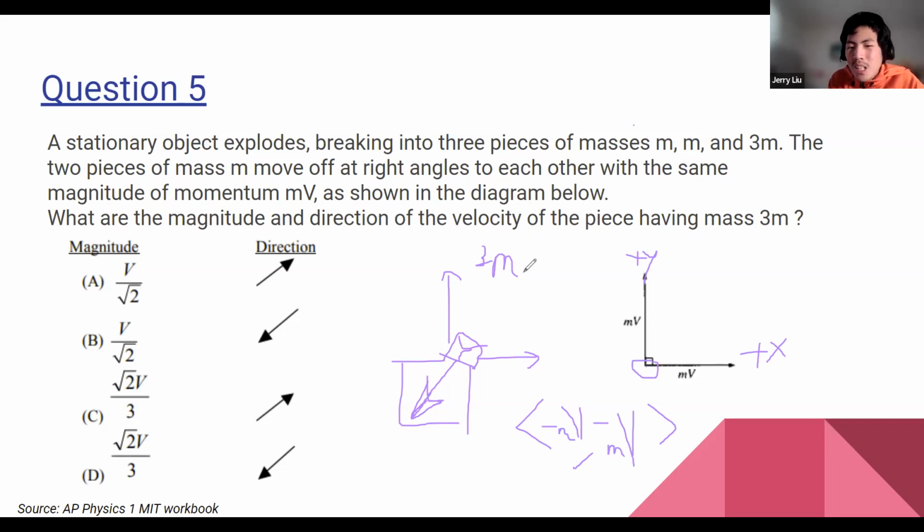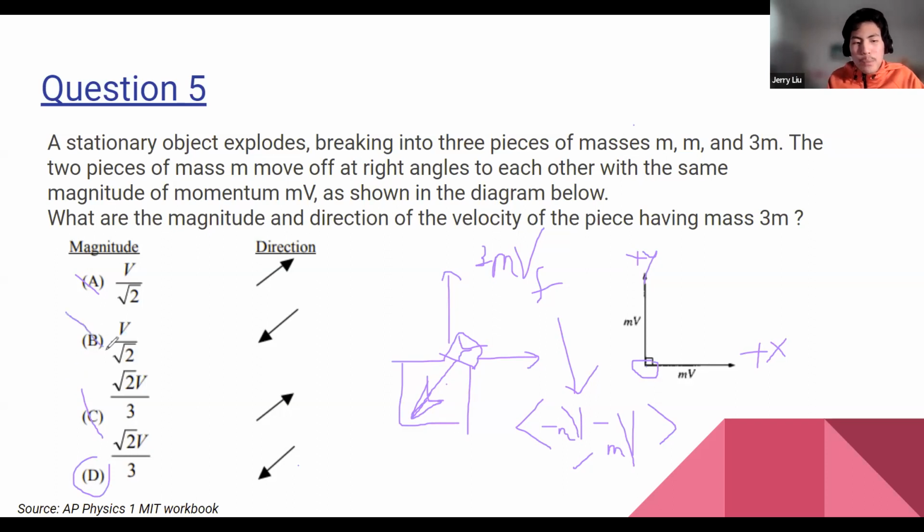So 3m vf becomes a magnitude of that. So we can get rid of this, and we basically have vf is v over 3. And that's just one component though, so you have to multiply by the square root of 2 to get the actual magnitude of the vector itself. So the answer should be D.